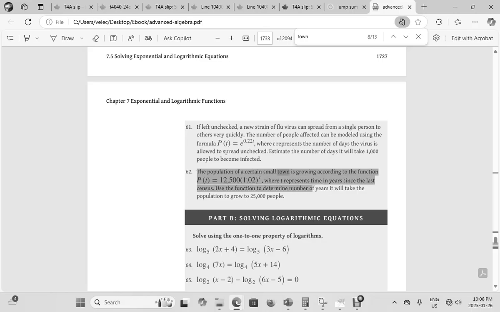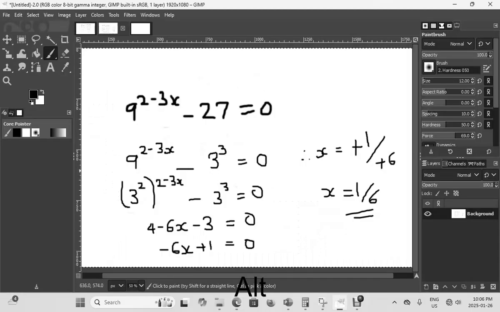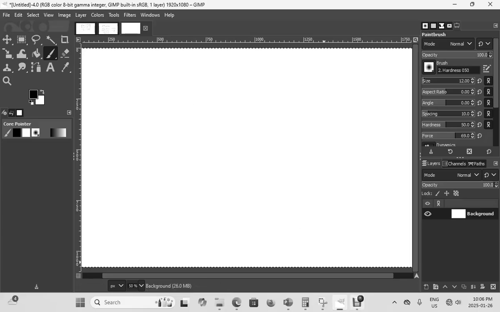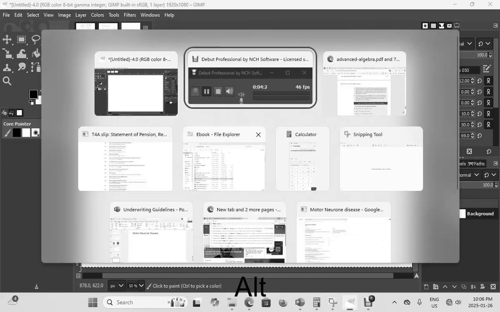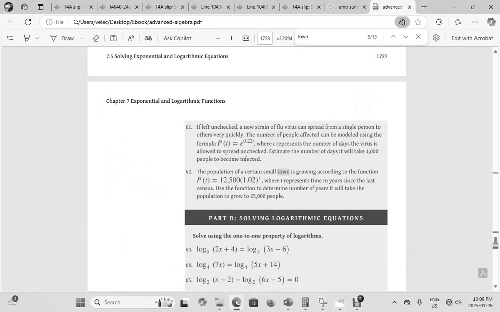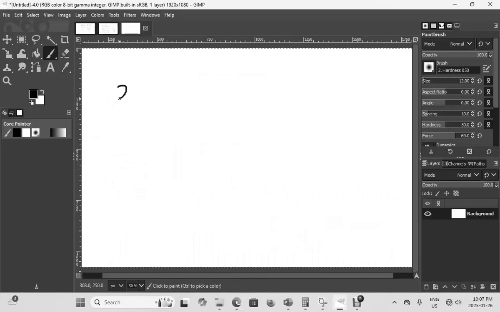Use the function to figure out the number of years it will take for the population to grow to 25,000 people. So we know that P(t) is 25,000, this is your y value.